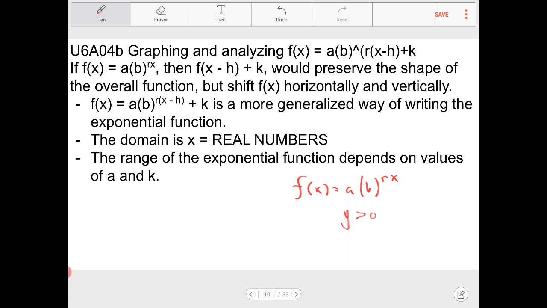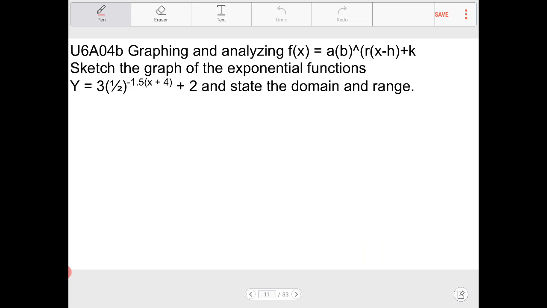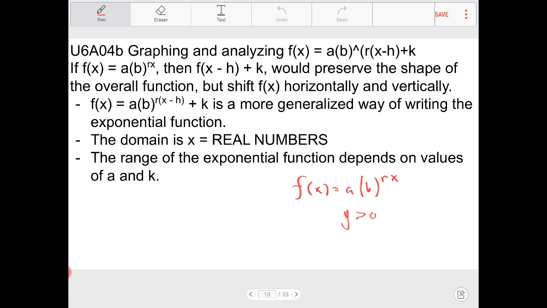But because we're shifting it, that's going to cause changes in the range, and it's going to be largely dependent on two values, the value of a and the value of k.